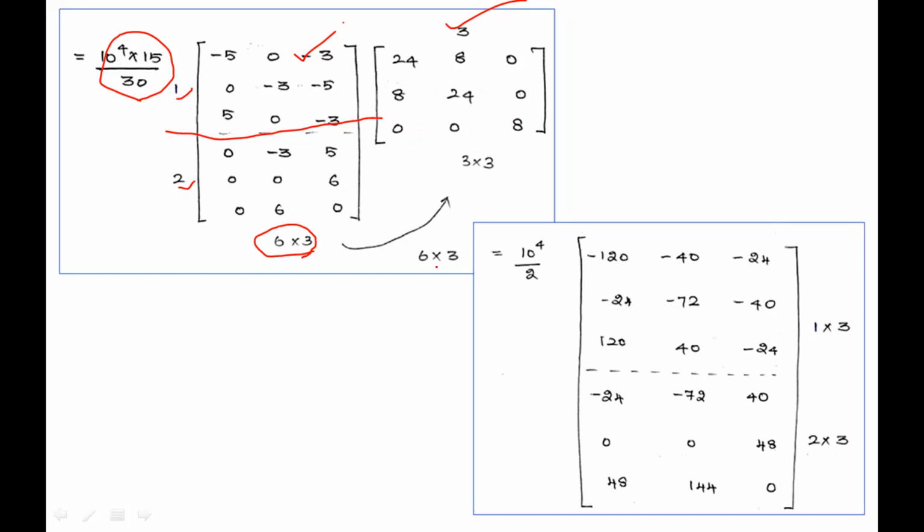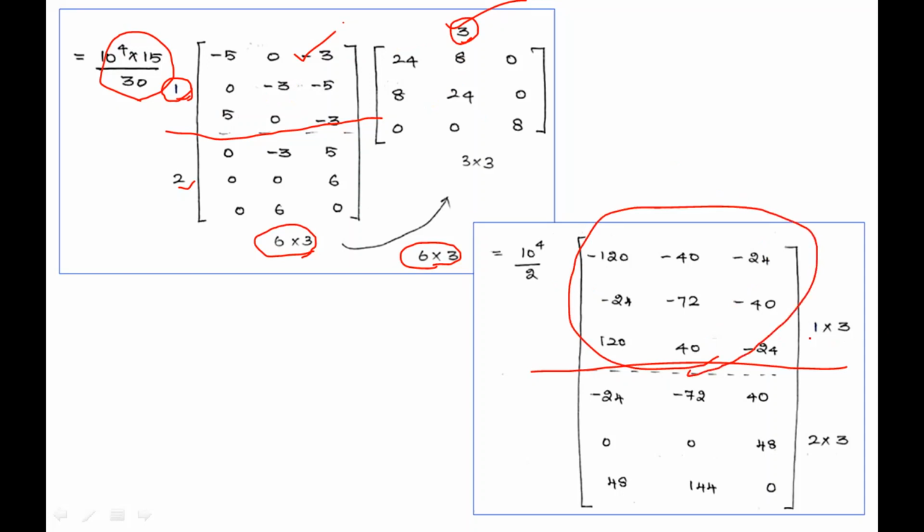Now when you multiply these two, we are going to get a 6 by 3 matrix. The resultant matrix, this is the 6 by 3 matrix. Here also we are dividing this one. So the top 3 by 3 matrix will be the product of 1 and 3, right? So this is the first part. So when you multiply matrix 1 and 3, you will get the top portion of the 6 by 3 matrix.